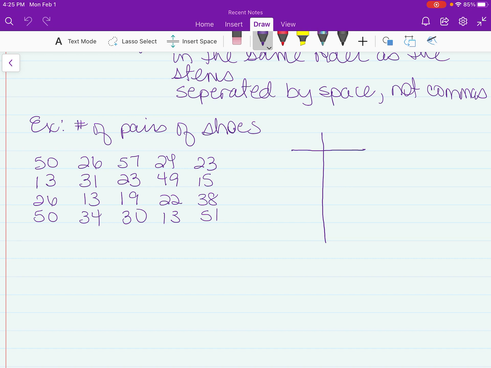If you take the time to sort the data, it'll make your job so much easier. So stat 2, sort list 1, and I can go back into stat edit.